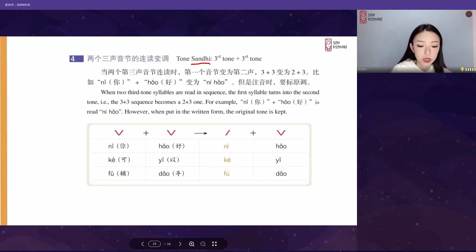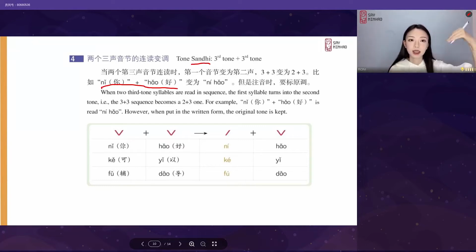When two third tone syllables are read in sequence like this, like nihao, we should read the first third tone as the second tone. We should change it to the second tone.